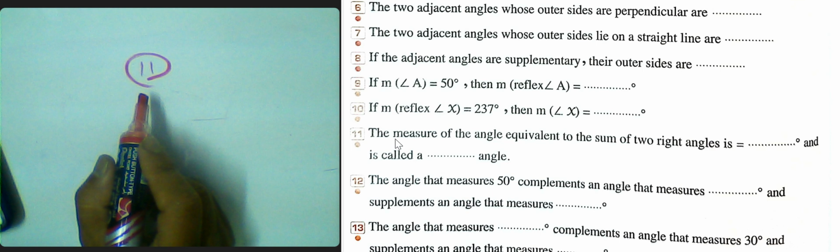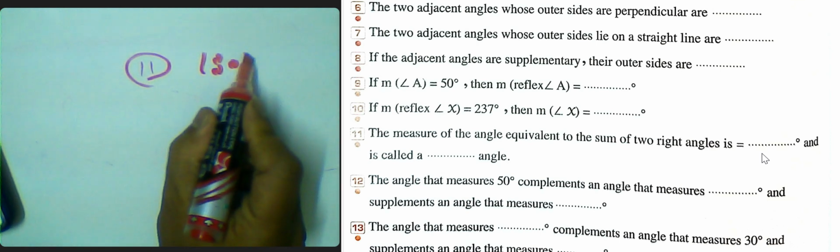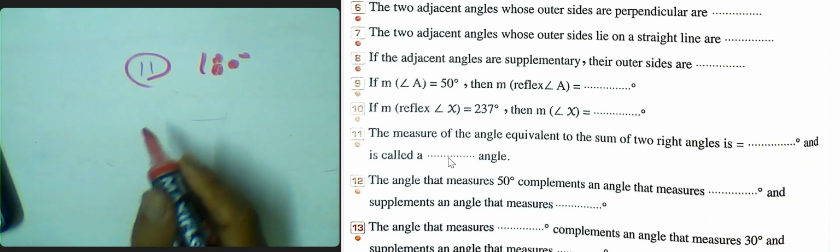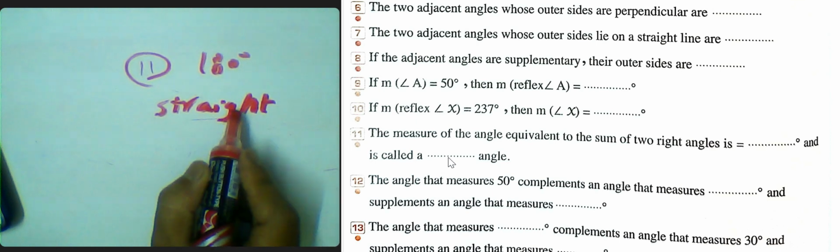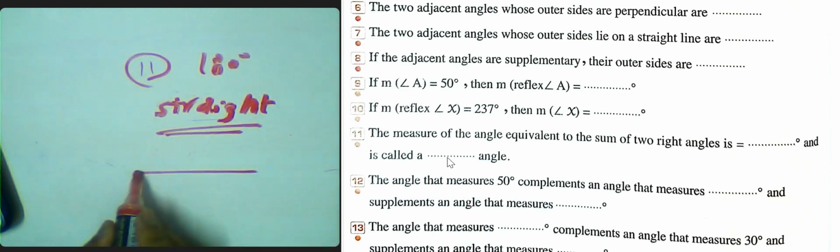Question 11: the measure of an angle equivalent to the sum of two right angles is what? 90 plus 90 equals 180. It is equivalent to the sum of two right angles, and we call it a straight angle.